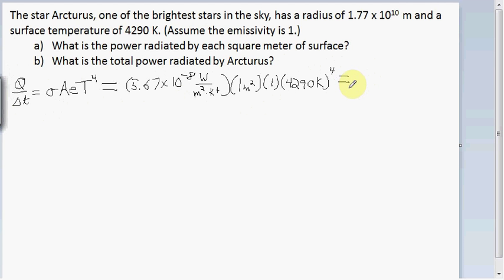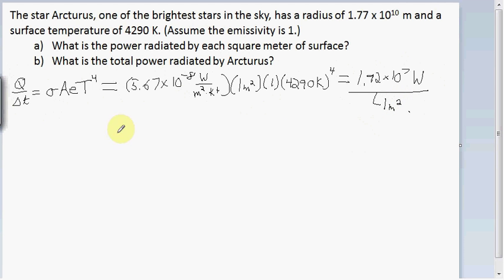And so Q over T, as a result, ends up giving us about 1.92 times 10 to the 7th watts. So that's our answer to part A here. And notice this is for 1 square meter.